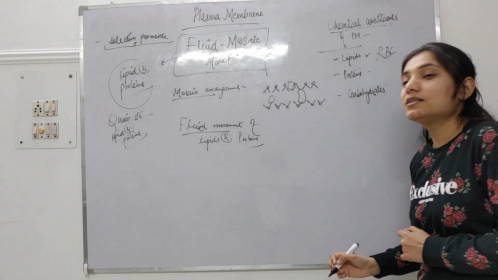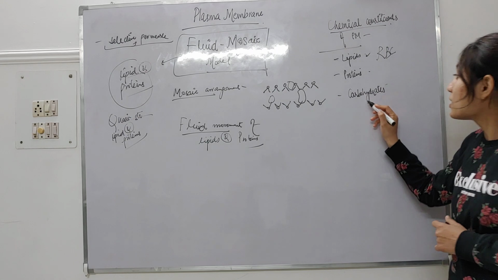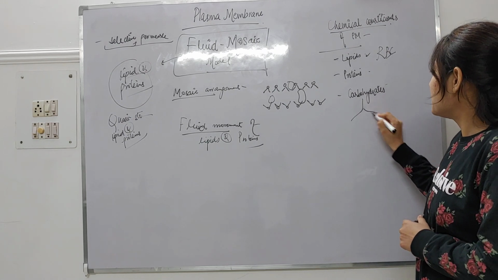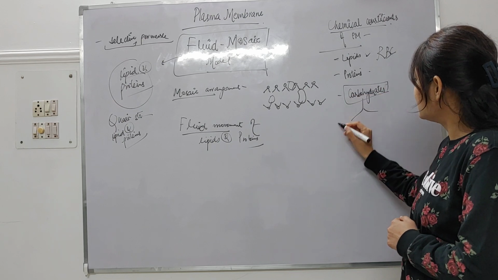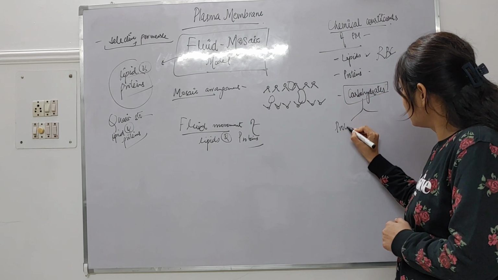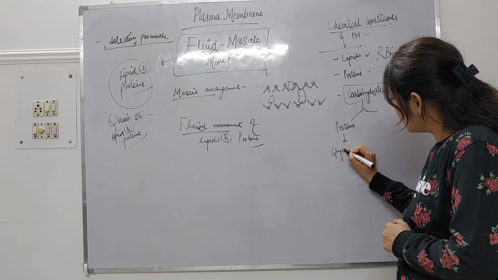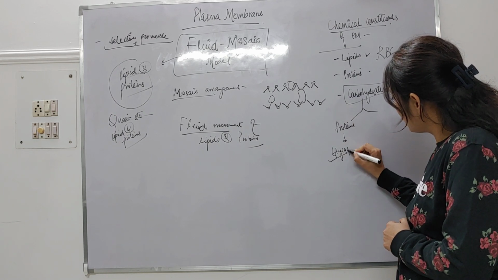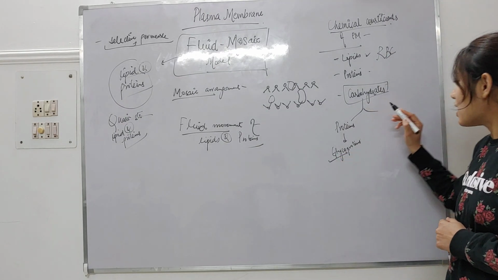They can be present with proteins or lipids. When carbohydrates are present with proteins, they are called glycoproteins. Glyco is for carbohydrates.